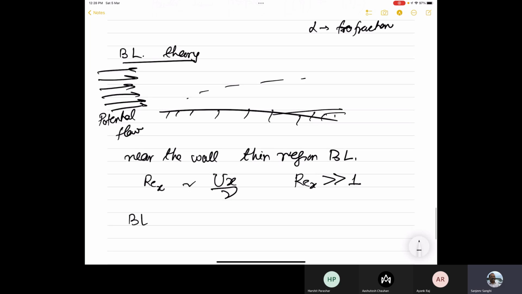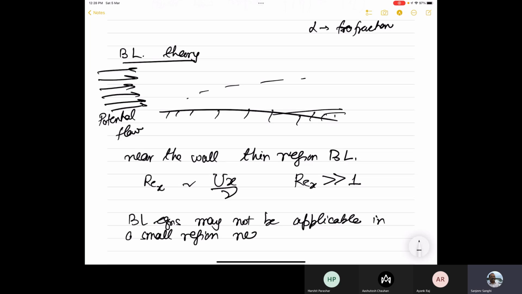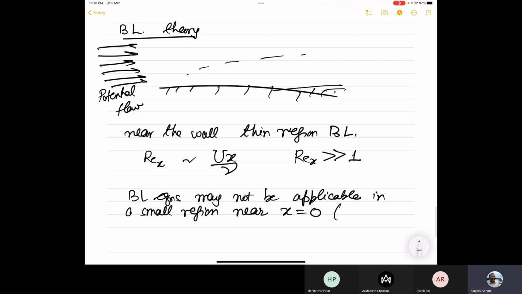So the boundary layer equations may not be applicable in a small region near x equal to 0, that means at the start of the wall. Okay, that is one thing.